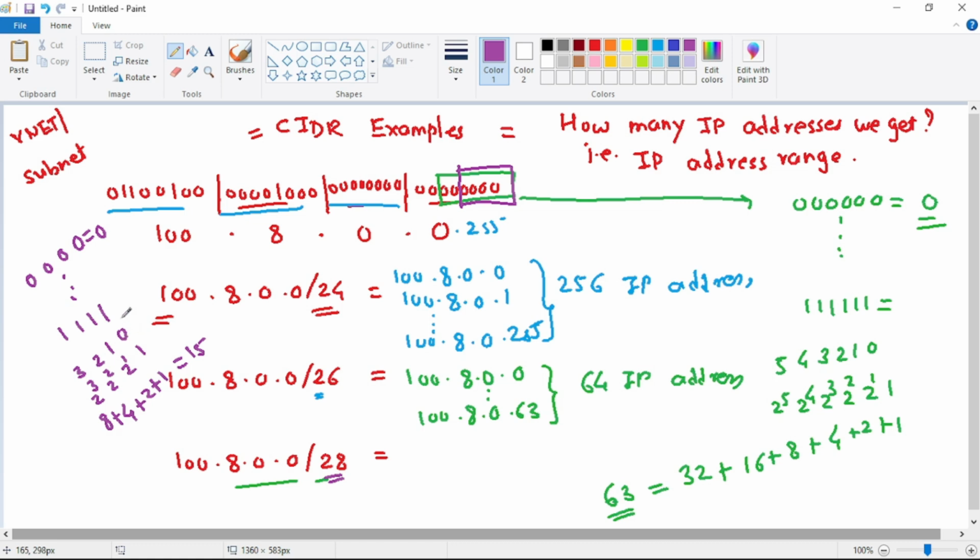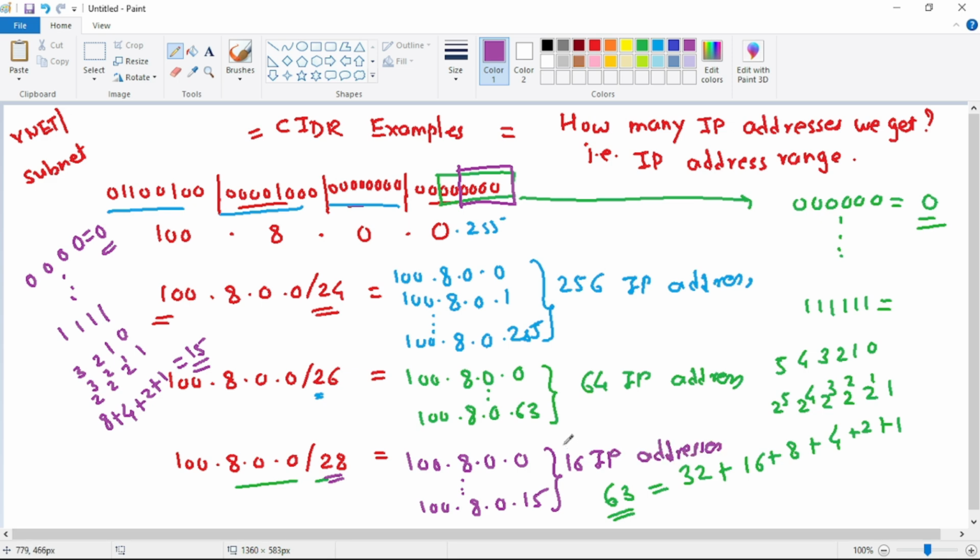So we get from 0 to 15. The range will be 100.8.0.0 to 100.8.0.15, so in total we get 16 IP addresses. So that's it guys about CIDR notation. Thanks for listening.